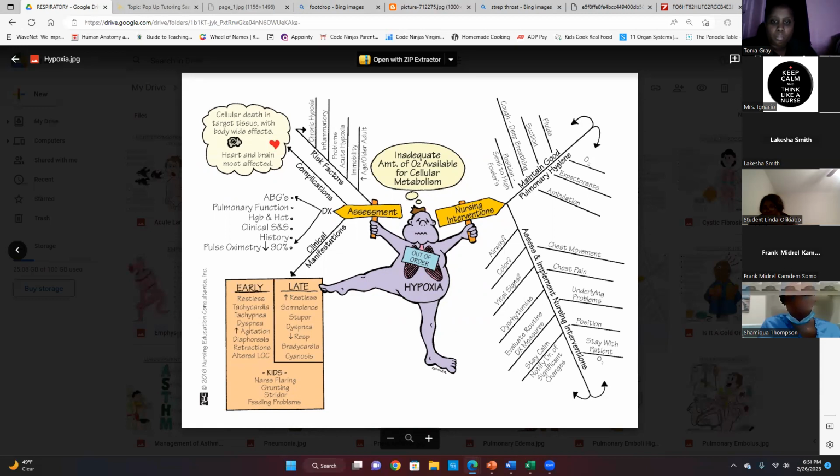Absolutely. When we think about respiratory failure, I want you to also think about their arterial oxygen. When we think about those ABGs, which is separate from our O2 sats, arterial oxygen for a patient needs to be between 80 and 100.